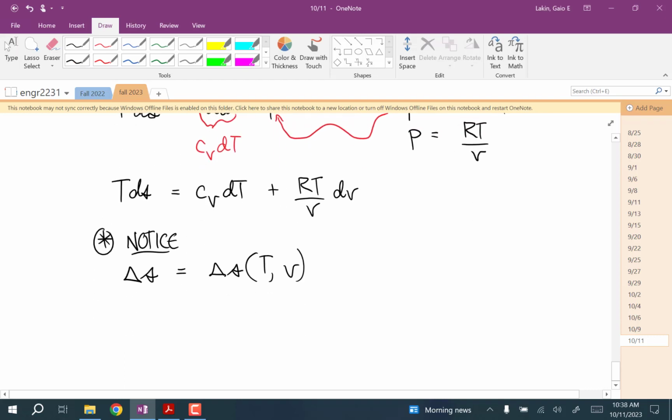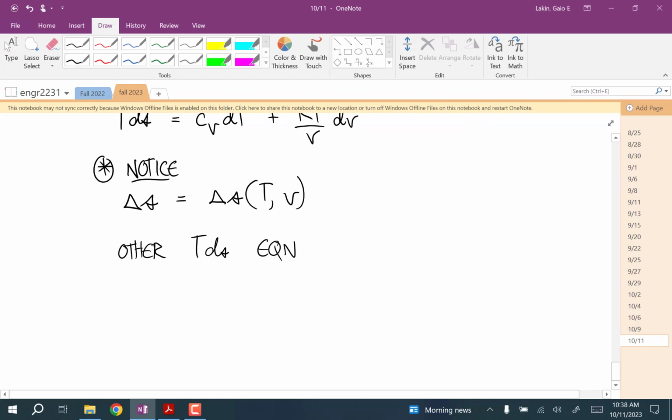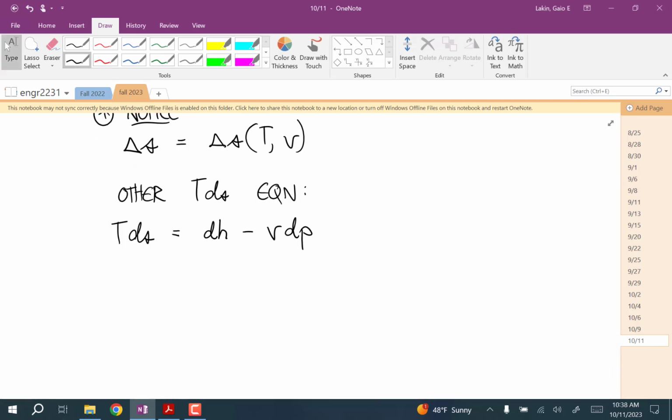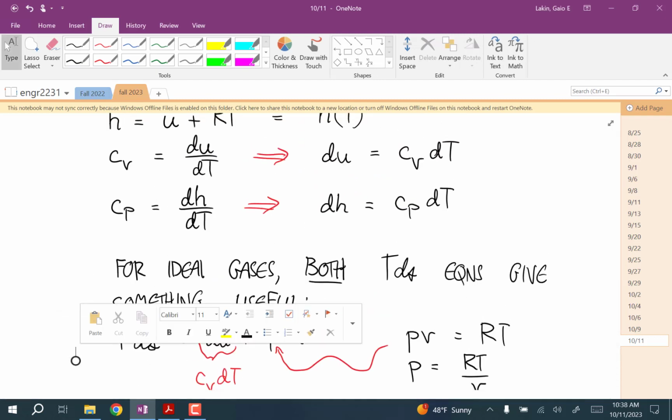And now let's go to the other equation. We're going to start with TdS is equal to dh minus v dP. dh, we know from above, is Cp dT.